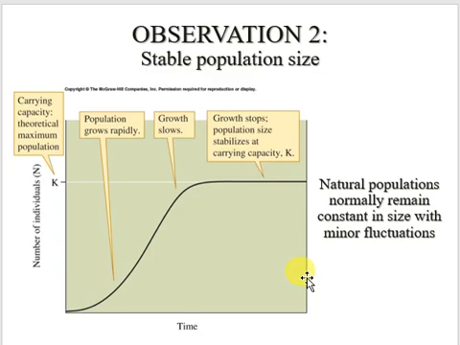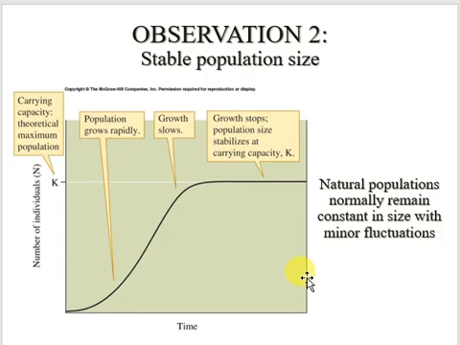Rather, we see populations maintaining a more stable population size over long periods of time, not taking into consideration the minor fluctuations like seasonal fluctuations.